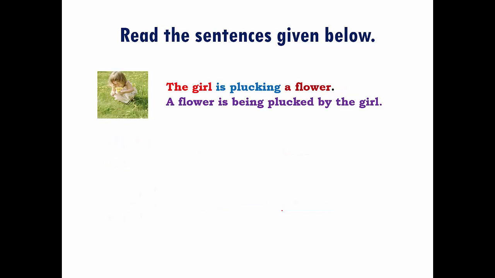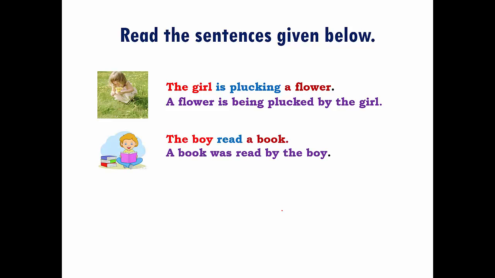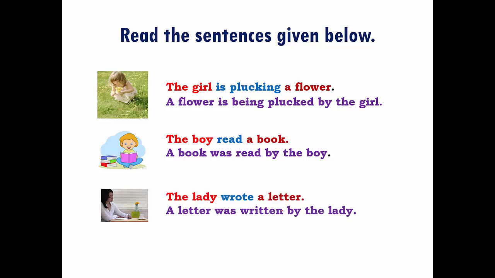Now look at this sentence once again. The girl is plucking a flower. A flower is being plucked by the girl. If you look at the two sentences, they both mean the same. The next one, the boy read a book. A book was read by the boy. Again, both the sentences mean the same.